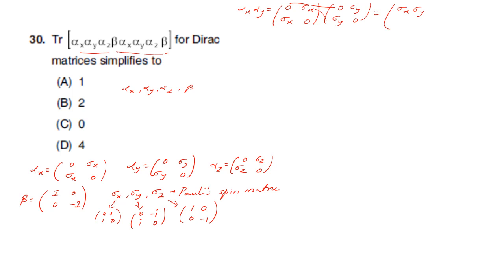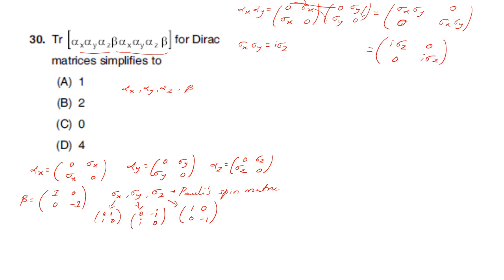So the off-diagonal elements are 0, and the diagonal elements are sigma x sigma y. As we know, sigma x sigma y gives I into sigma z, therefore it is I sigma z, 0; 0, I sigma z.